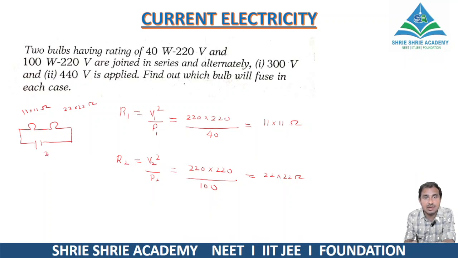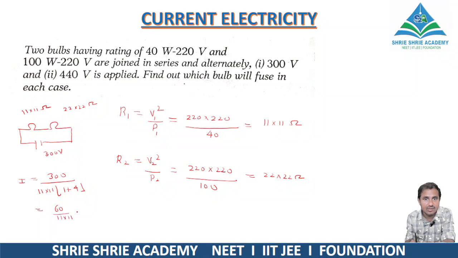In the first condition we are giving 300 volt, so we will find the current. Current is equal to supply voltage divided by total resistance. If you add, you can take 11 into 11 common, and left is 1 plus 4, so 300 by 5 gives you 60.